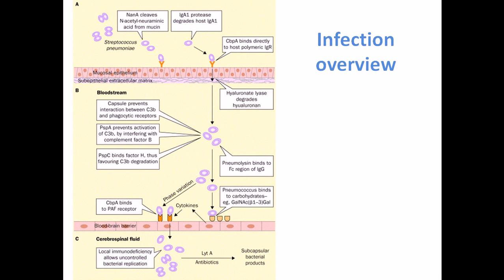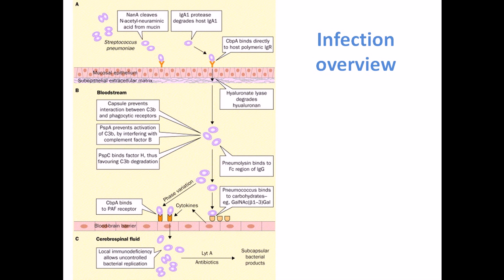Now as we know, this is a protease, that means it is going to cleave proteins, and this IgA1 protease is going to cleave IgA1, or immunoglobulin A1. So they will cleave the immunoglobulin present on the mucosal epithelial surface, and NAN-A is degrading the mucin barrier, or the mucus layer, there.